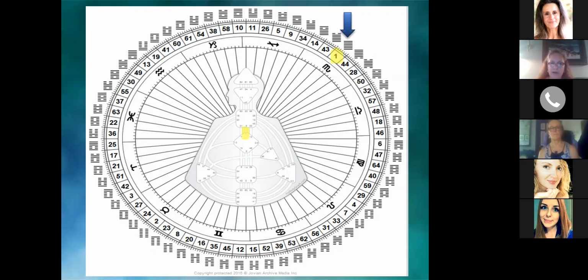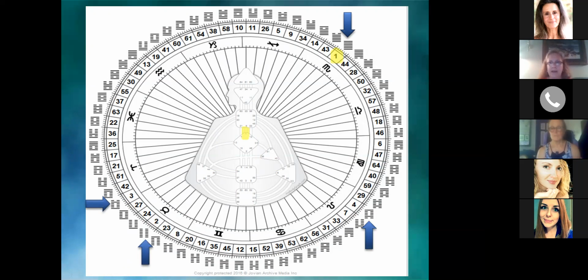As you might think, you could find the second gate opposite it, and we do here. So there that is, and that's from Scorpio to Taurus. It doesn't follow the same pattern all the way around, though. We've got the 3rd gate right here and the 4th gate right there. So I don't want anybody to assume that it should be easy to find where 1, 2, 3, and 4 are.